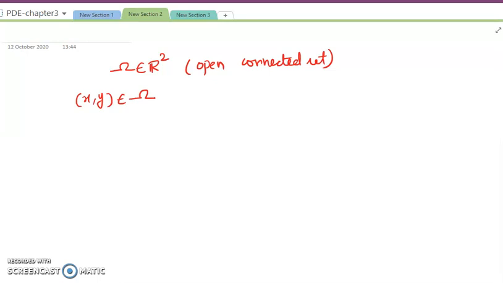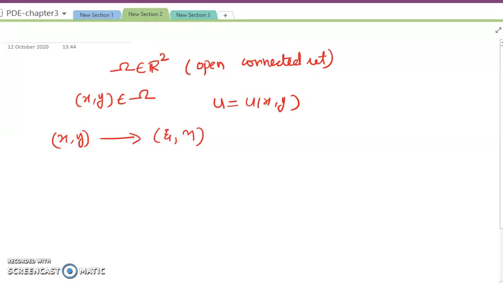Now we will also do a change of coordinates, which represents a non-singular transformation. That is, for the PDE which we wrote, u is a function of x and y, and we can convert x, y into other variables xi and eta, where xi is a function of x, y and eta is a function of x, y.